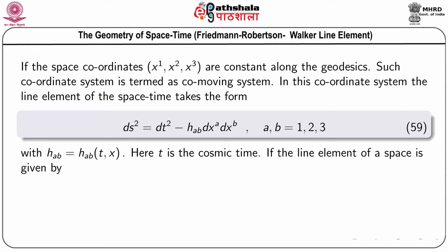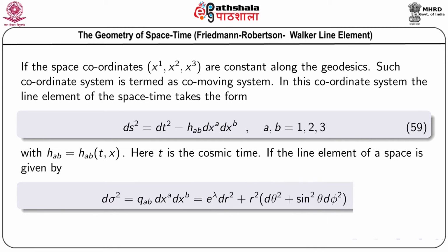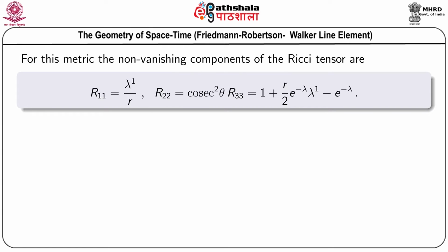Now, if the line element of space is given by d sigma square equal to qab dxa dxb, in this form e to the power lambda dr square plus r square d theta square plus sin square theta d phi square, that is independent of time here, where lambda is only a function of r, then the non-vanishing components of the Ricci tensor can be obtained by this: R11 equals lambda 1 by r, R22 equals cosec square theta R33, and they are equal to 1 plus r by 2 lambda 1 e to the power minus lambda.